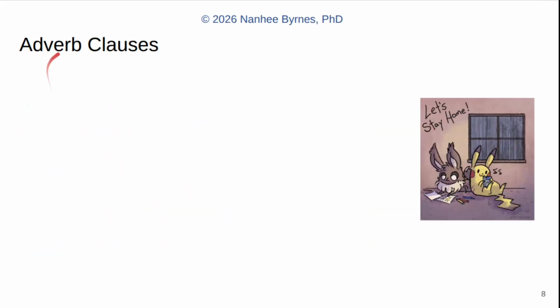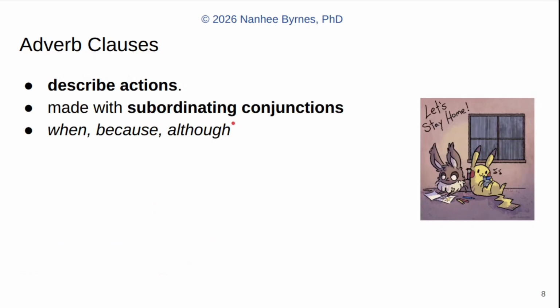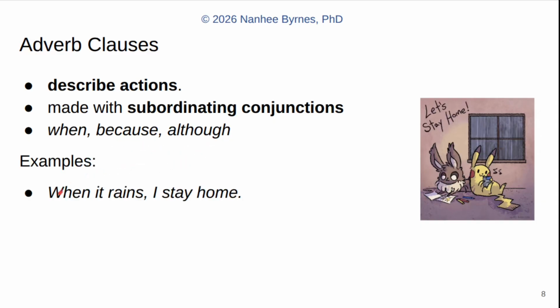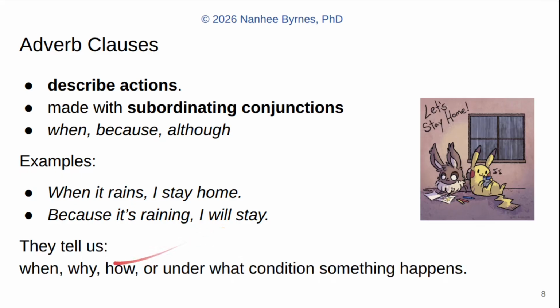Adverb clauses describe actions. They are formed with subordinating conjunctions such as when, because, and although. For example, when it rains, I stay home, or because it is raining, I will stay. These clauses tell us when, why, how, or under what conditions something happens.